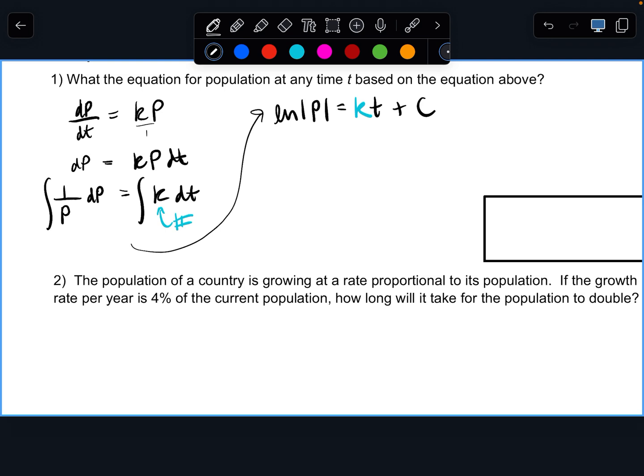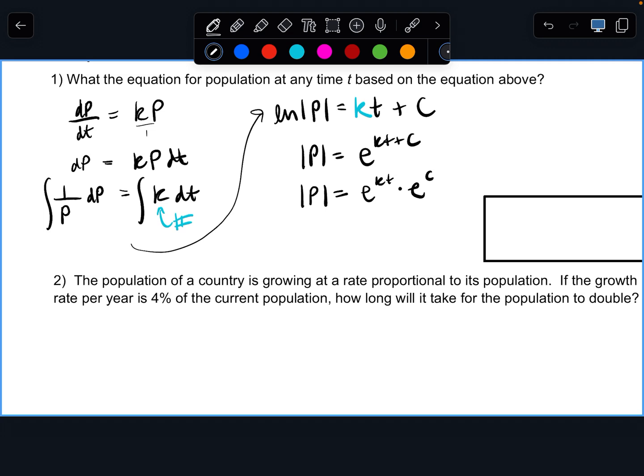So what I'm going to do is solve for P. So I'm going to e it up. So I get the absolute value of P equals e to the kt plus c. And then just like the other ones, maybe I'll just show this. Remember, you can do reverse exponent rules. Do you remember that?